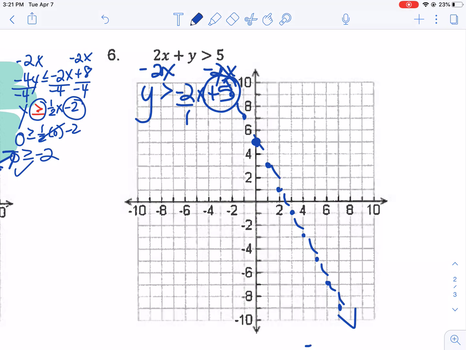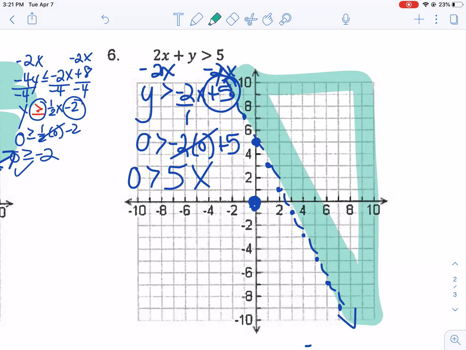And now we need to decide, where do we shade? So I'm going to plug in 0 is greater than negative 2 times 0 plus 5. 0 is greater than 5. True? It is not. So this point, 0, 0, is not part of your solution. All of your solutions lie in the shaded region opposite the side of the origin.